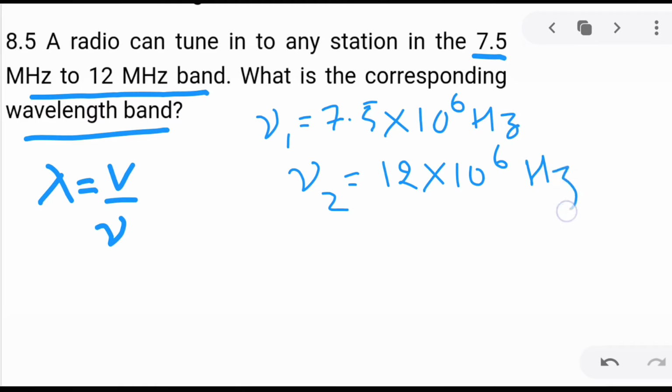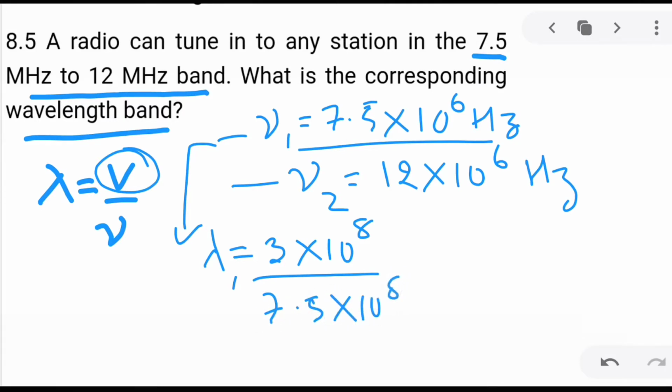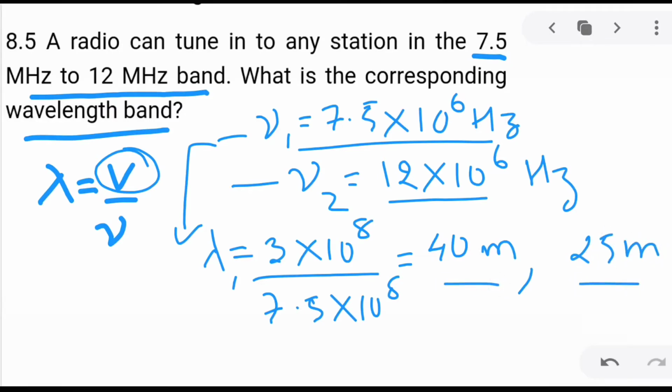So lambda 1 is 3 into 10 power 8 divided by 7.5 into 10 power 6, which comes to around 40 meter. Similarly, corresponding to 12 into 10 power 6 hertz, the wavelength is 25 meter. So the corresponding wavelength band will be from 25 meter to 40 meter.